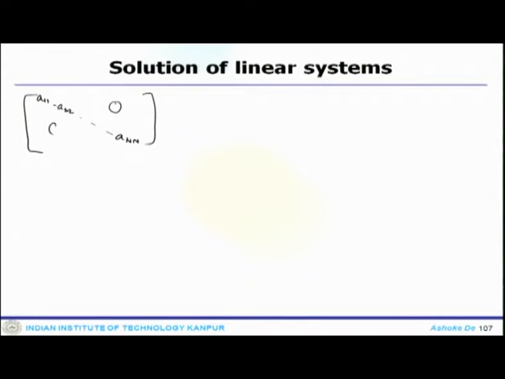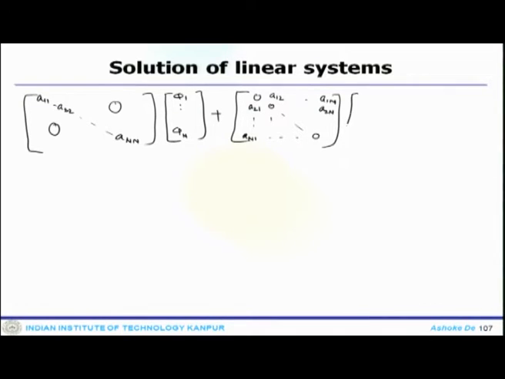So this is a diagonal matrix and the rest of the elements are 0, which is multiplied with phi 1 to phi n, plus I can have 0 on the diagonal, and I can have a12 and so on up to a1n, then a21 up to a2n, and so on to a_n1, which is also multiplied with phi 1 to phi n, equal to b1, b2, b3 up to bn.